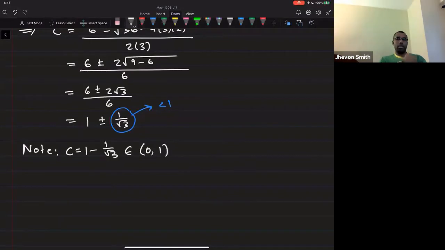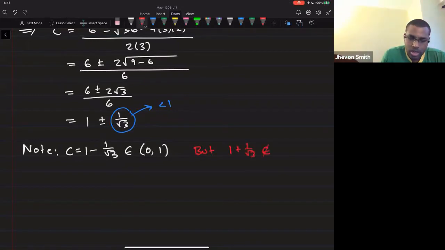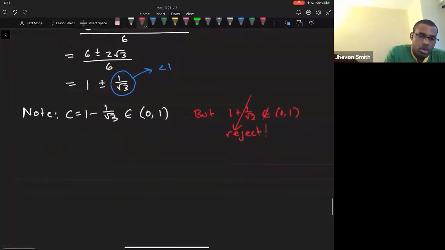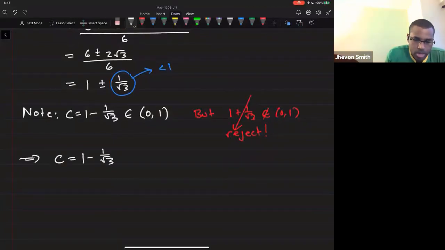It's less than 1 because I'm taking 1 minus something, but it's not less than 0 because I'm subtracting something that's smaller than 1, and therefore I'm going to stay positive. But of course, if I took 1 plus 1 over rad 3, it's not in that interval. So I would reject this one. So I can conclude that c equals 1 minus 1 over rad 3 satisfies the conclusion.